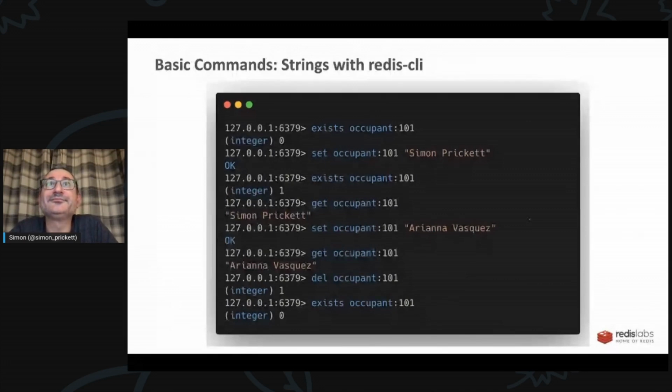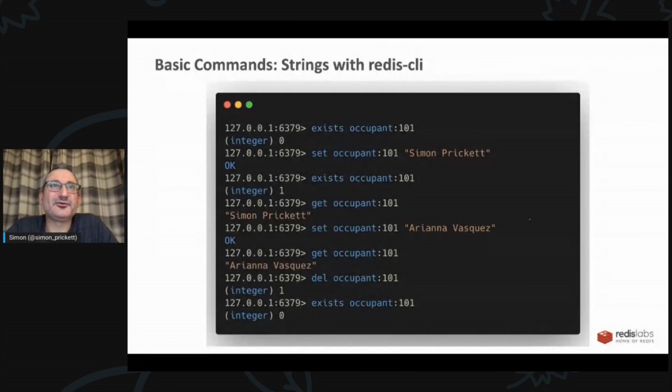At the very top here, we can say to Redis, hey, does occupants : 101, does that key exist? And it says 0, no, it doesn't. So we can go ahead and set it. We set occupant 101 to my name, and then we ask it, does it exist? And it says yes, it does. We can get it back again, and we get my name. Nothing spectacular there.